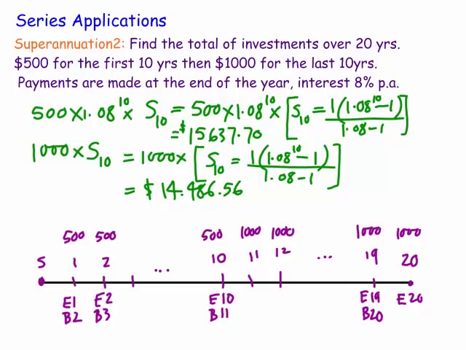This gives us the grand total of our investments. We just add these two amounts, and the total of our investments, or our superannuation nest egg, would equal $30,124.26.